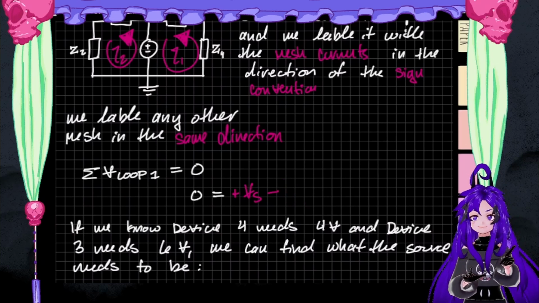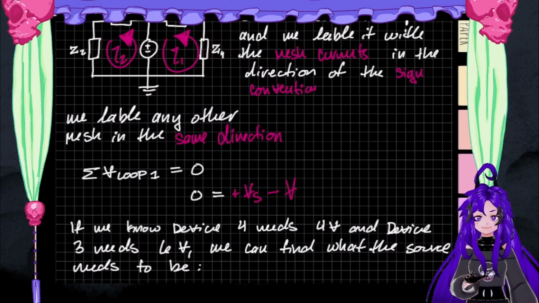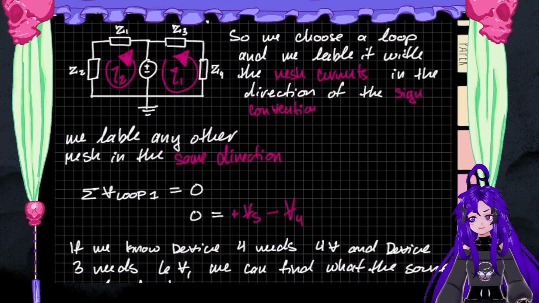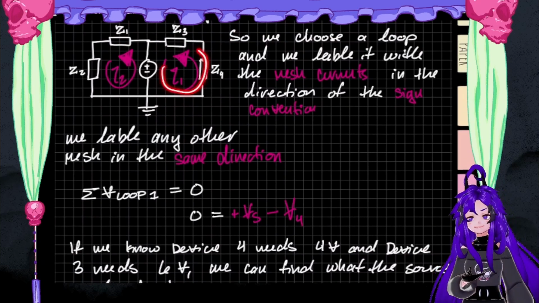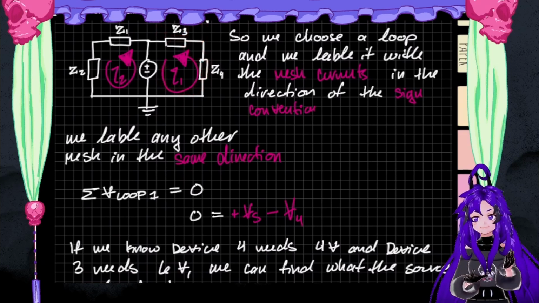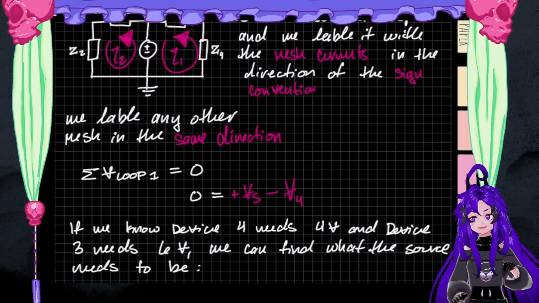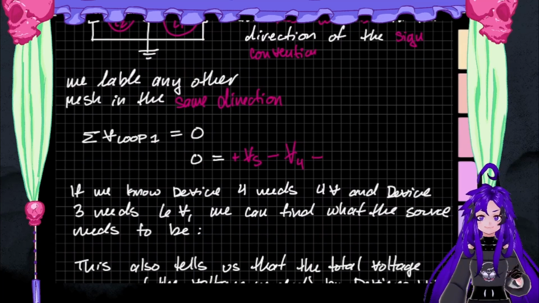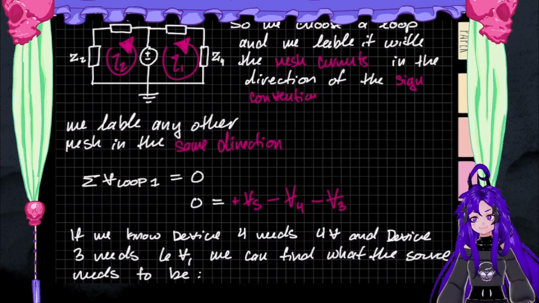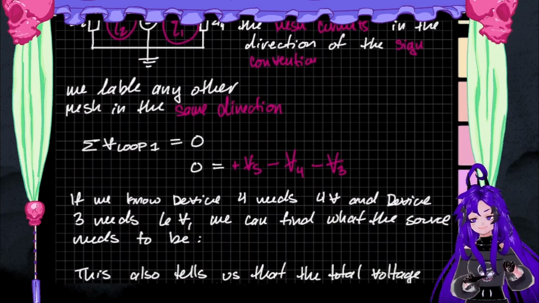Easy peasy stuff. If we've got Z4, then we've got voltage 4 here. So it's going to be minus voltage 4. And then we continue following around this loop in the same direction, and we come into the negative side of Z3. So we label that, it's going to have a voltage V3. And that's the end of that loop.